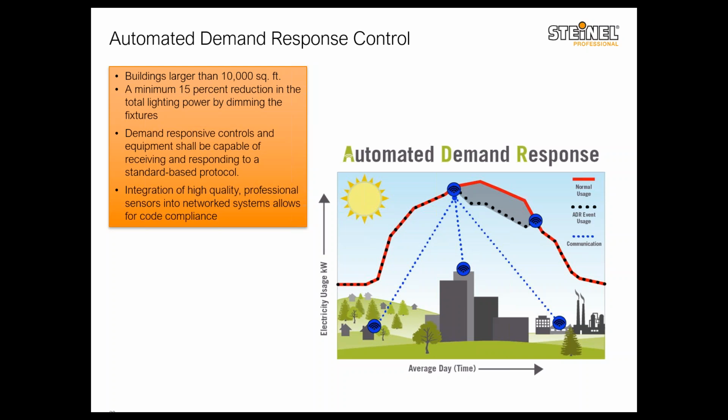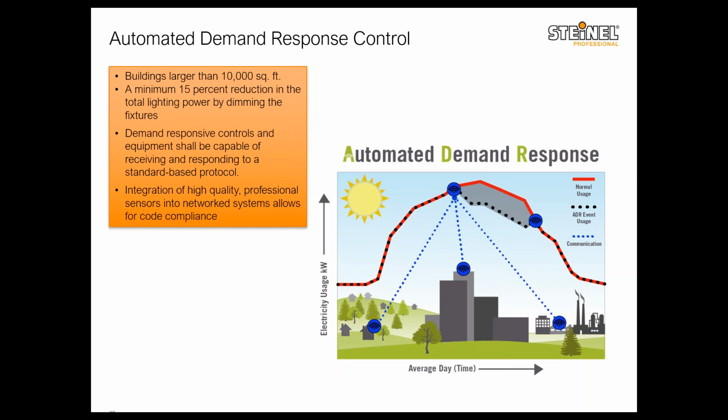So you can have the best of both worlds. You can have a high quality sensor with good coverage and a lot of features and reliability, pair it with a good third-party system and meet all the code requirements, and not just be limited to only projects that are 10,000 square feet or less.